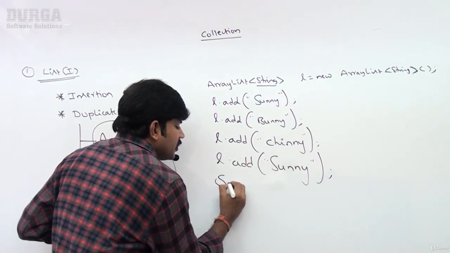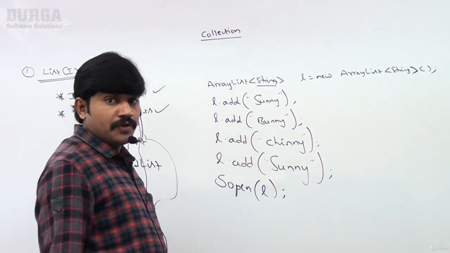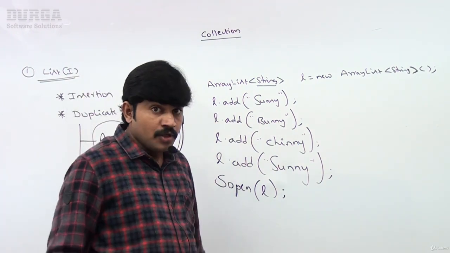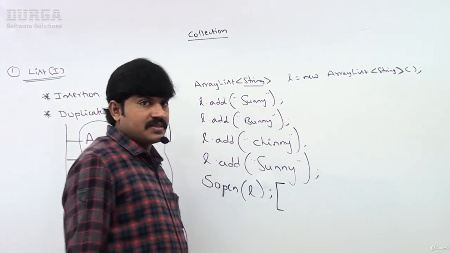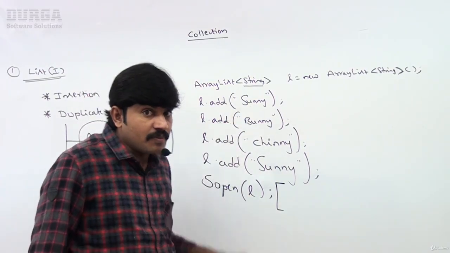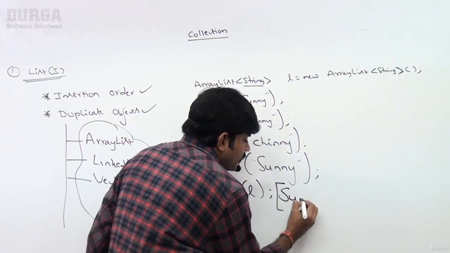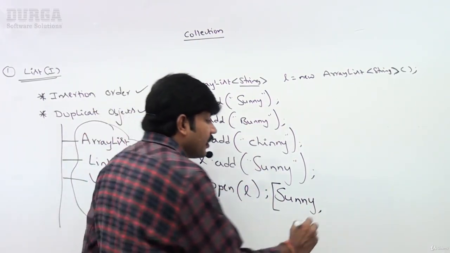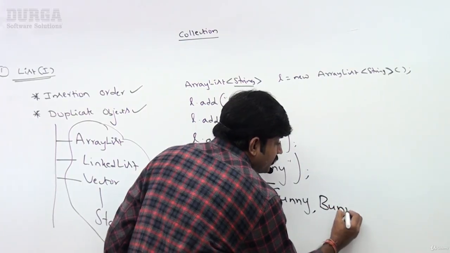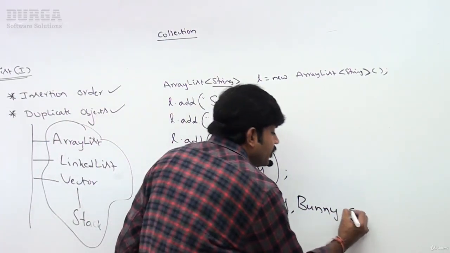Now System.out.println of l. If you consider SOP of l, what is the output we are going to get by default? What is the first inserted object? Sunny. What is the second inserted object? Bunny. What is the third inserted object?